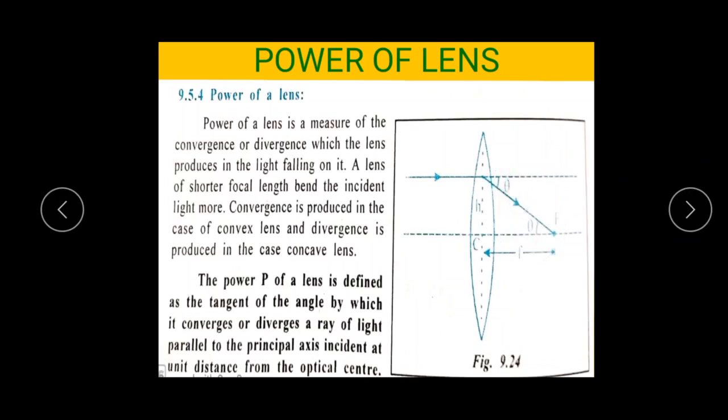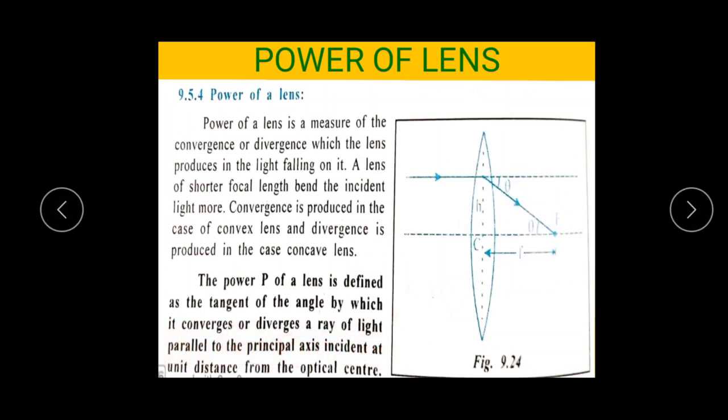According to the definition, the power of a lens is defined as the tangent of the angle by which it converges or diverges a ray of light parallel to the principal axis, incident at a unit distance from the optical center.